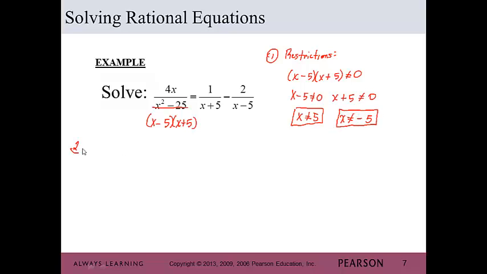Then step 2 is to find the LCD. So take a moment, find your LCD, and hopefully you get it to be x plus 5 times x minus 5, or you can switch the order and say x minus 5 times x plus 5. Once you have the LCD, you are going to multiply each term by the LCD.